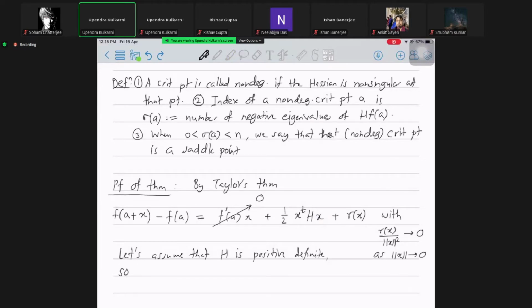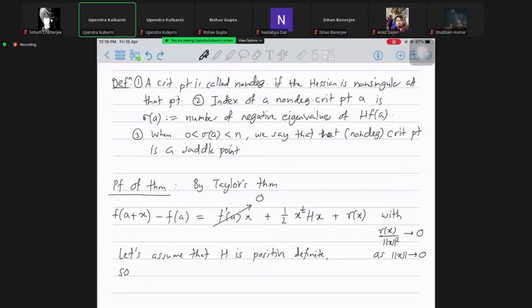That means that for all small non-zero values of x, f of a plus x must be greater than or equal to f of a. So I need to show that the quantity on the left hand side must be greater than or equal to 0, which just means that this quantity that I had just highlighted, I know that that is positive. So as long as I show that the remainder term does not beat that in an entire small neighborhood, I'm done. But that's exactly what this last business is going to do.